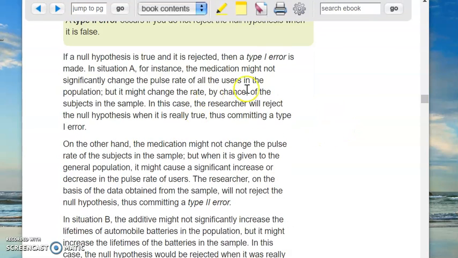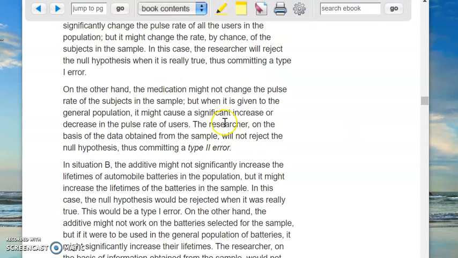All right, so using our situation that we had, maybe the sample just changed the rate by chance. Okay, you reject the null hypothesis and it's really true. That's a type 1 error. On the other hand, the medication might cause a significant increase or decrease in the pulse rate of users.